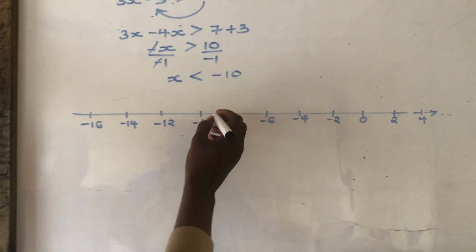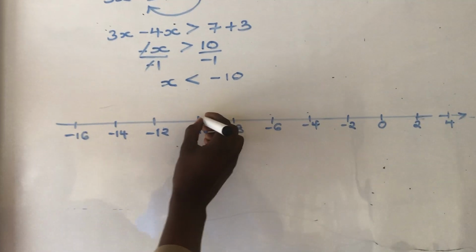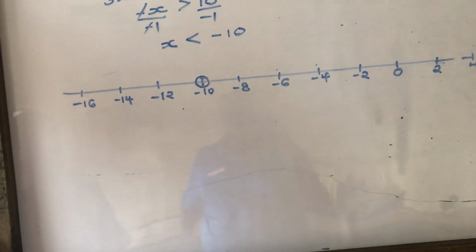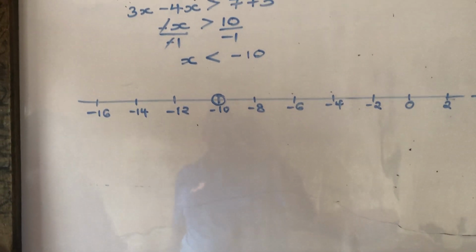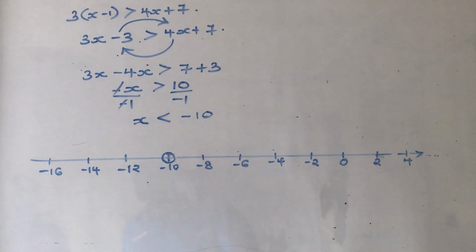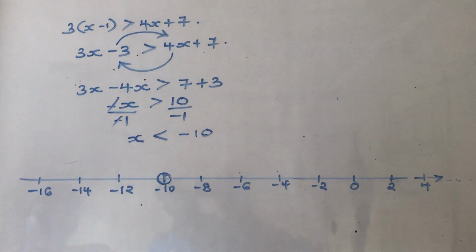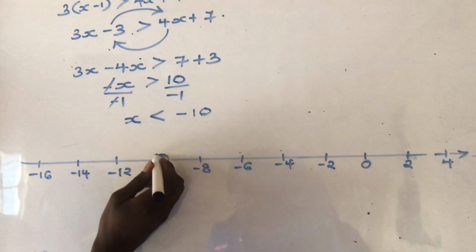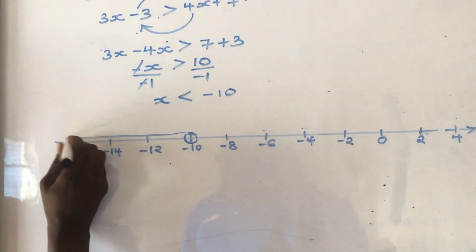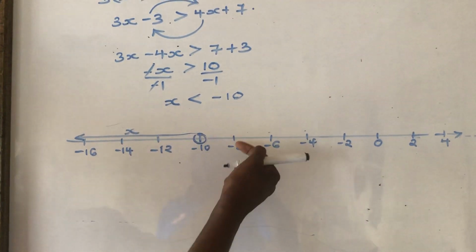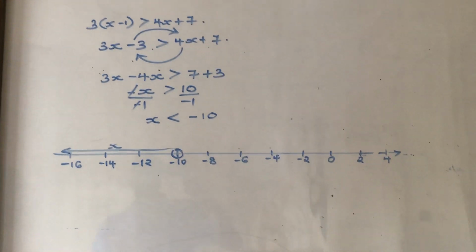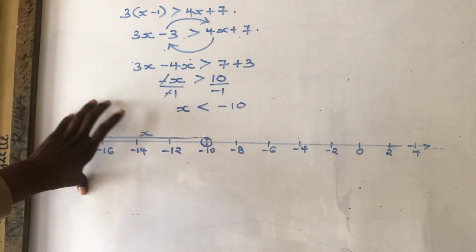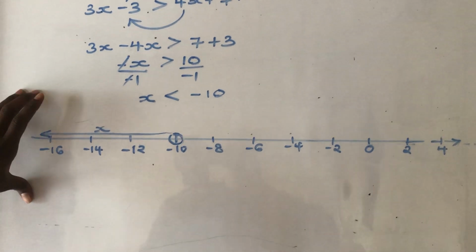At negative 10, we will have a dot which is unshaded, like we already mentioned. When we say that x is less than negative 10, which could be these numbers we are referring to? This will be the numbers from negative 10 headed in this direction. So the possible values of x will be the numbers from negative 10 in this other direction. Those are the possible values of x, and this is how the number line would look like.